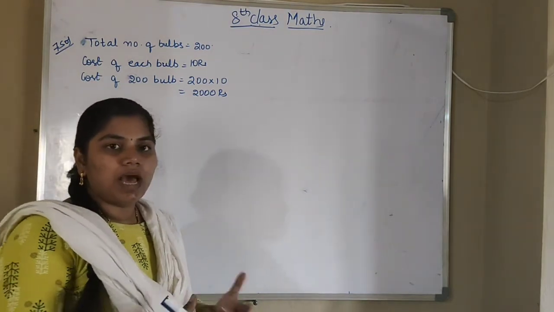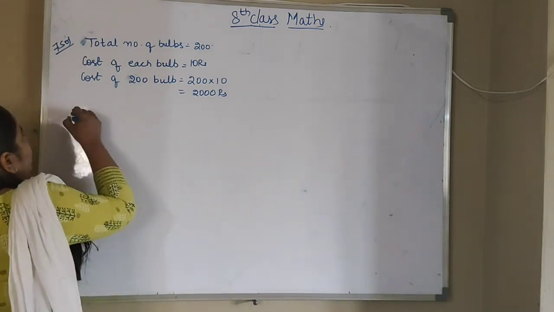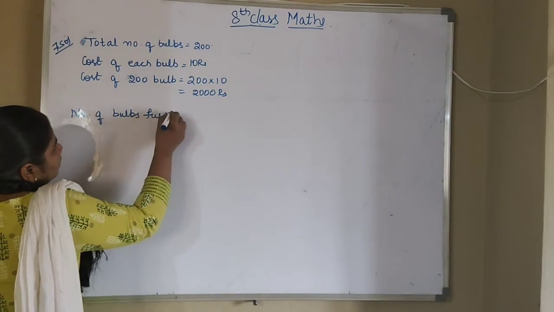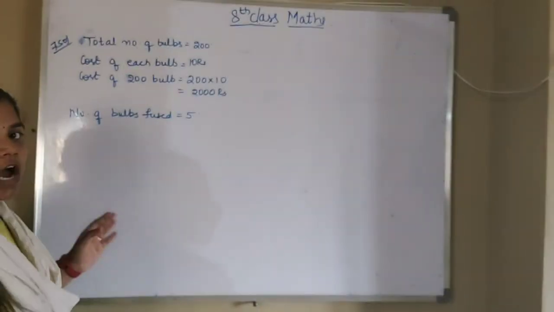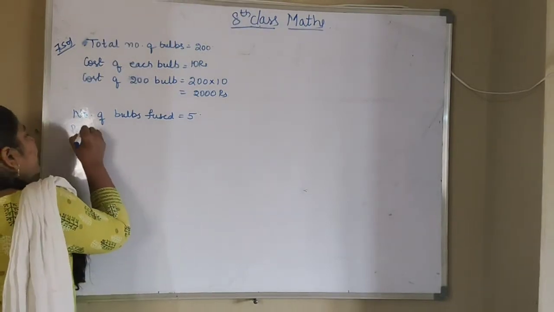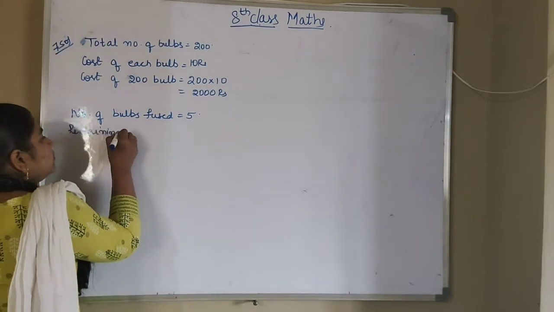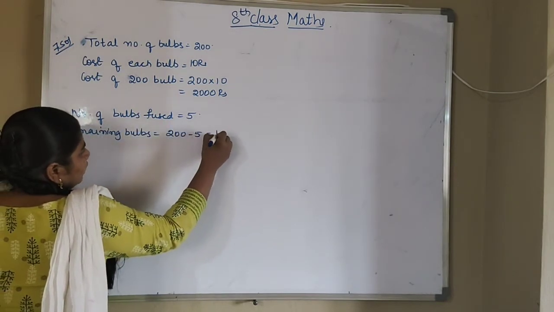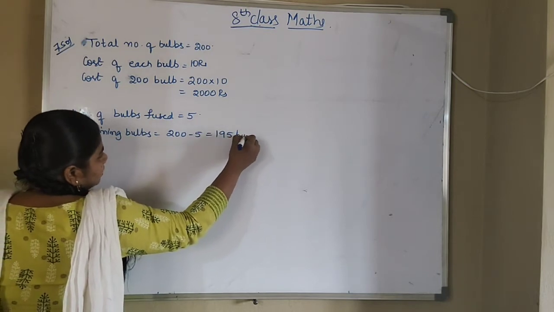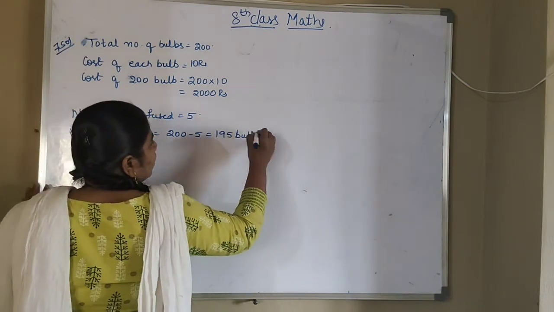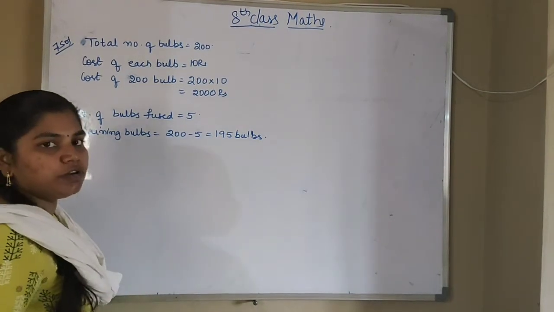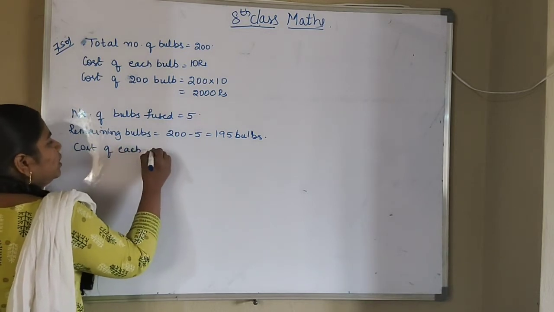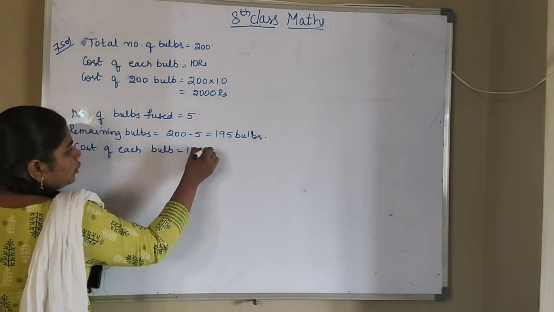Now in that, how many are fused? 5 are fused. Number of bulbs fused is equal to 5. That means how many are remaining now? Remaining bulbs is equal to 200 minus 5, that will be 195 bulbs. Okay, and each bulb he has sold for 12 rupees. Cost of each bulb is how much? 12 rupees.